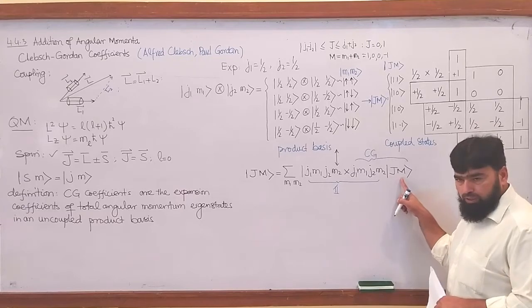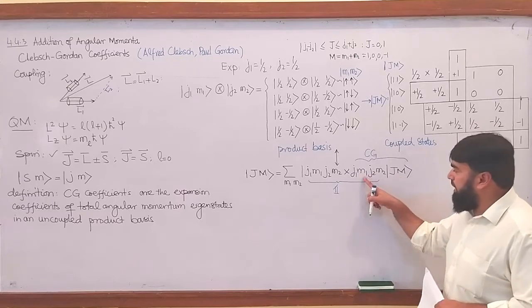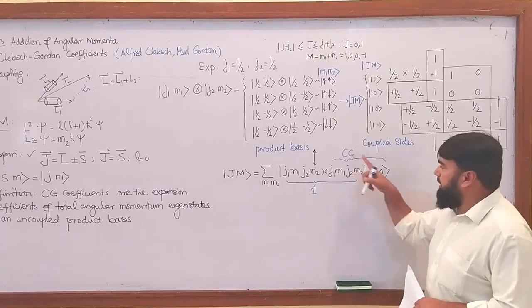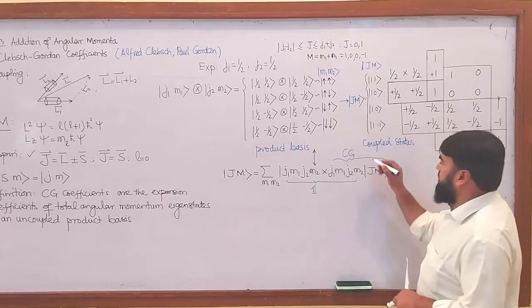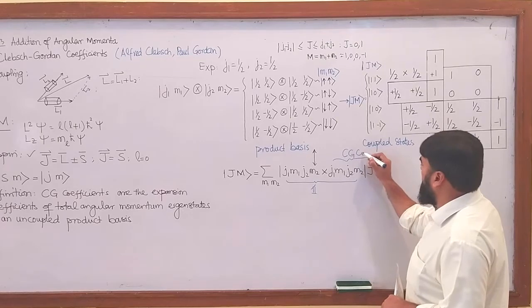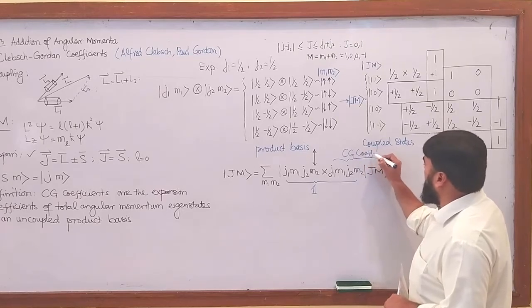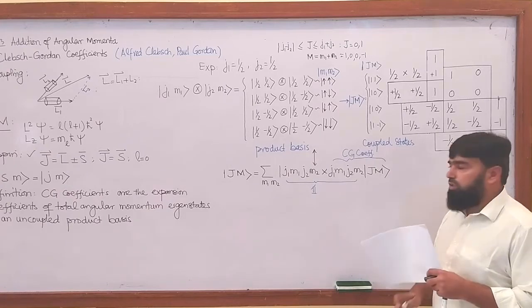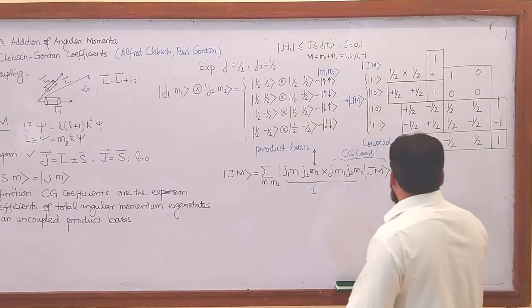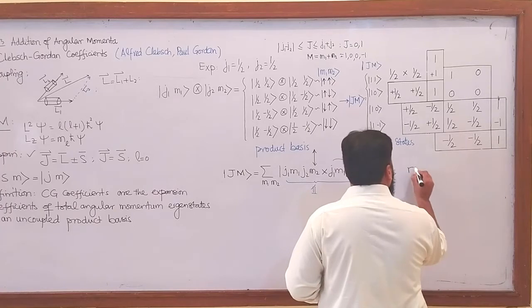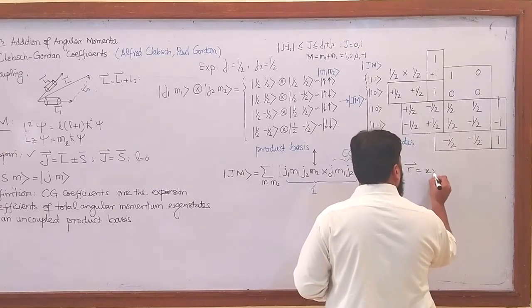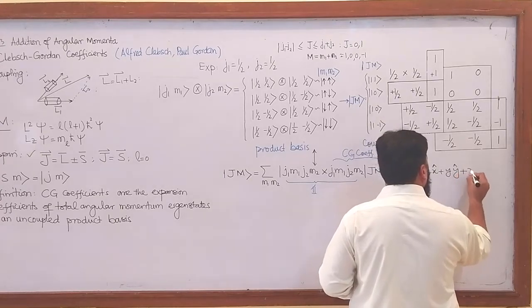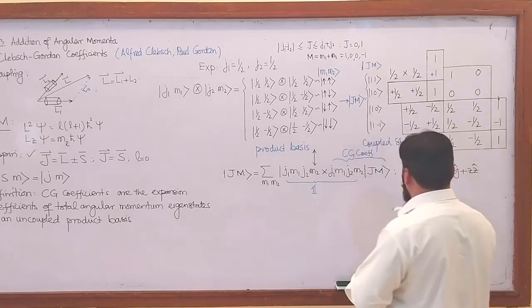When this is the coupled, and when the uncoupled product form is multiplied with this, they will give you the CG coefficients. Let me explain this thing in terms of the vector space. You write vector R is x in x unit vector plus y in y unit vector plus z in z unit vector.